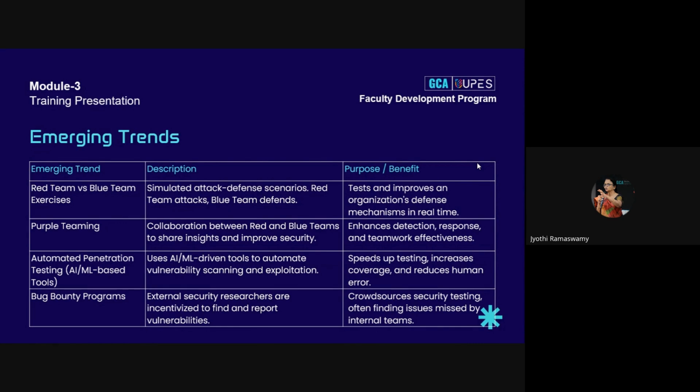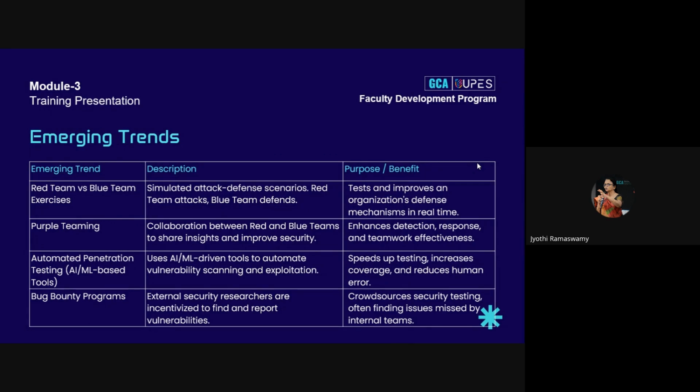So simulated attack by the red team, defense by the blue team, right? So what is the purpose of red team and blue team exercise? The red team actually tries to find what are the real-time vulnerabilities and the methods to exploit, and the blue team finds out what are the ways to stop exploitation, right?